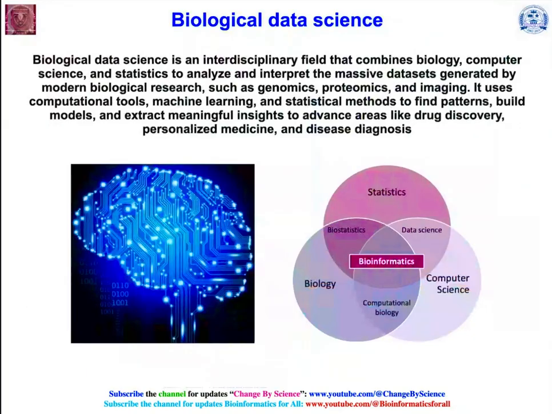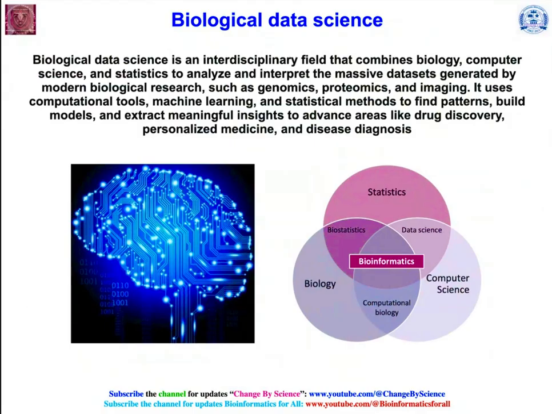Now, if you want to understand how people with biology knowledge can work in data science, in biological data science, then you need to understand the basics of biocomputing or bioinformatics, computational biology, systems biology.